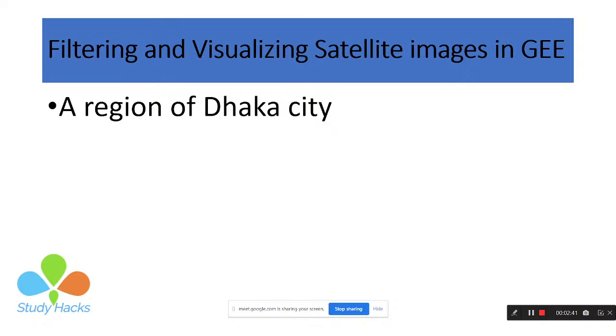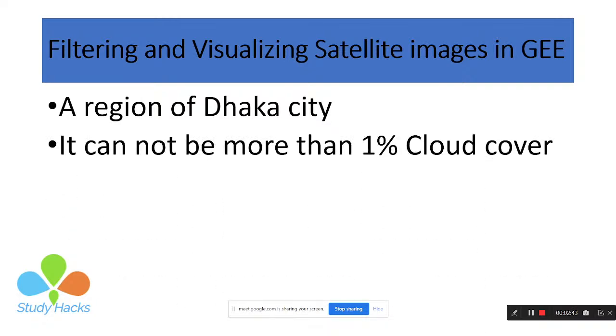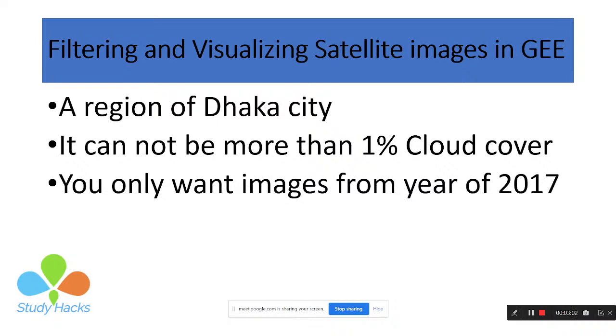The second factor is that you need to filter some image properties. Suppose you only need images with not more than 1% cloud cover. This is one kind of image property, or filtering the image metadata. And the final factor is that you need to select your specific time period. Suppose you need the image for the dry season, wet season, or a different time period.